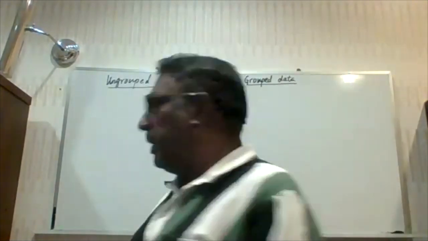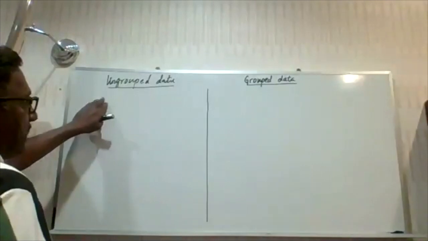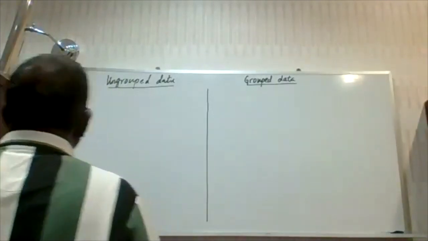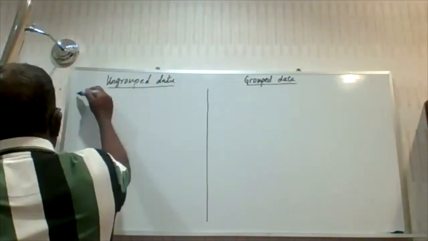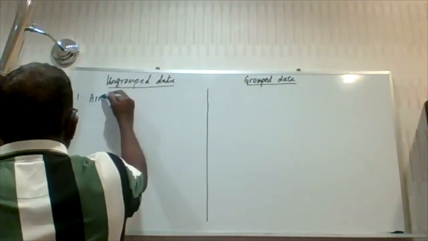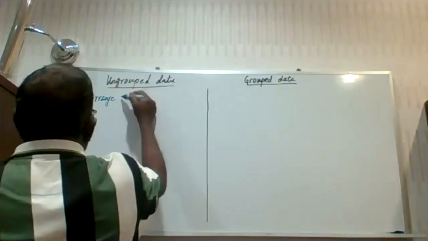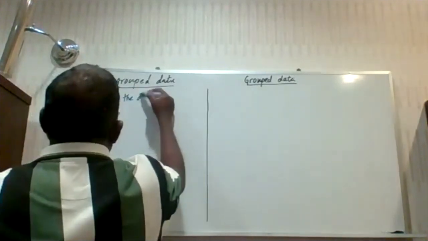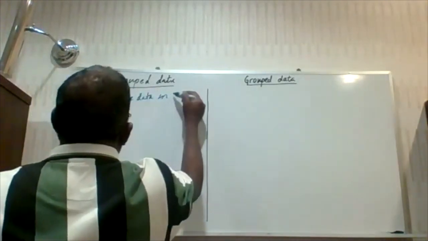Again, you have ungrouped data and grouped data. To find the median for ungrouped data, you have to arrange the data in ascending order.